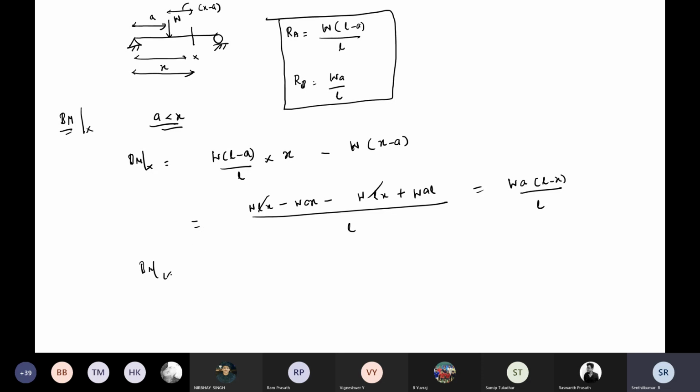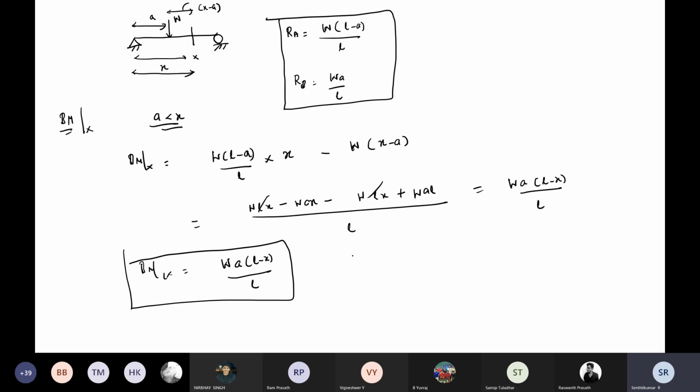So the bending moment at X will be equal to WA into L minus X by L. See here, A is the position of load, X is where you are finding the section, right?